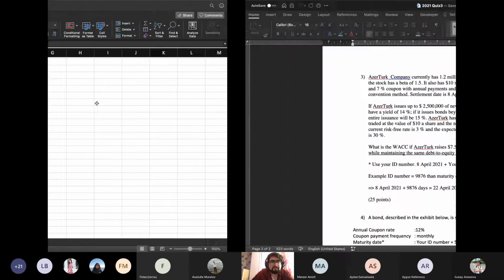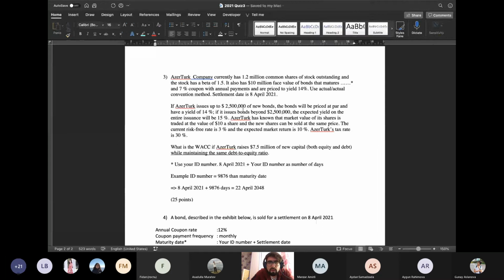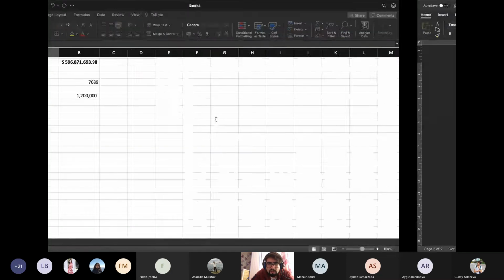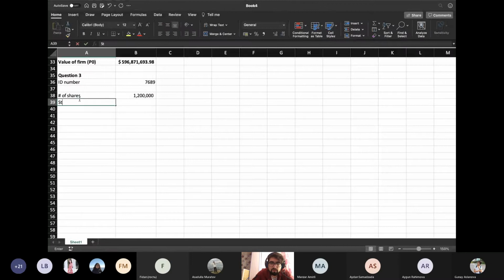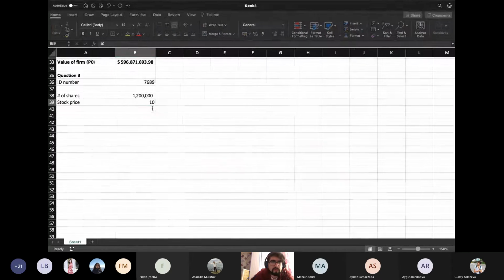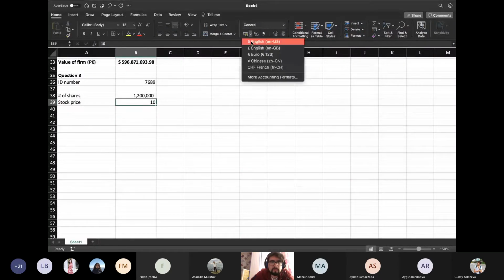We have also value of the share, price of the share, stock price or share price, $10. It is $10, right? Yes, $10.